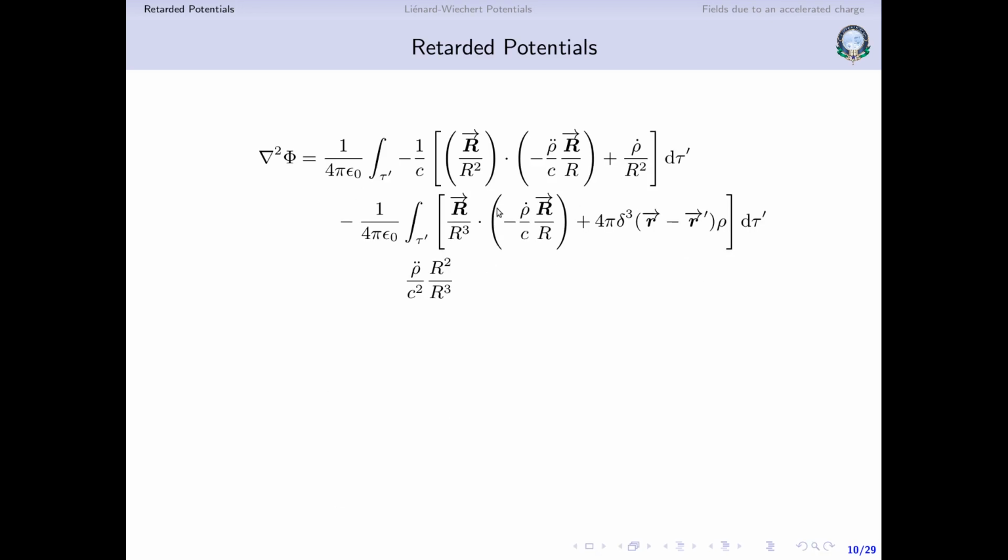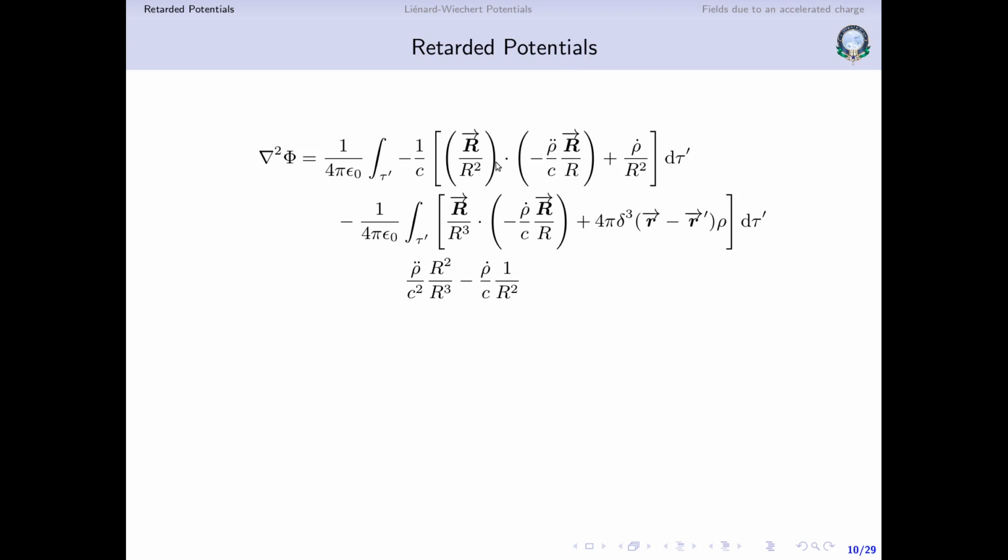Now it is just a matter of simplifying them. We have 1 by r square here and 1 by r here, and a minus sign, so this is going to give us minus rho double dot by c, and r dot r is going to give us r square. Then r square into r gives r cube.